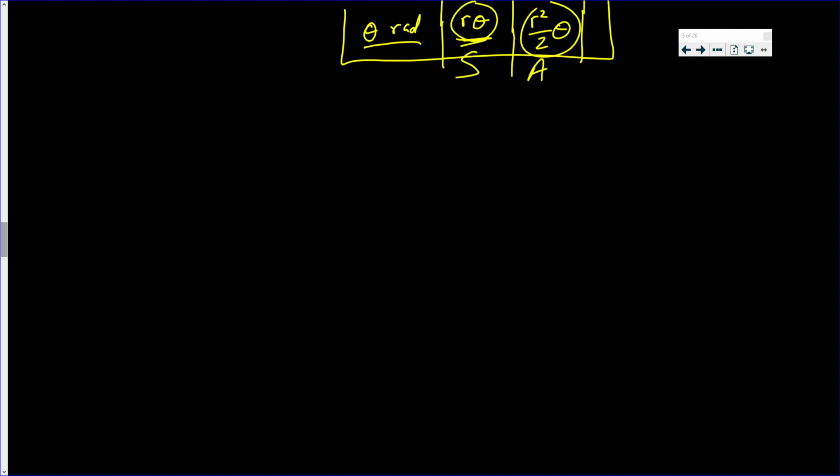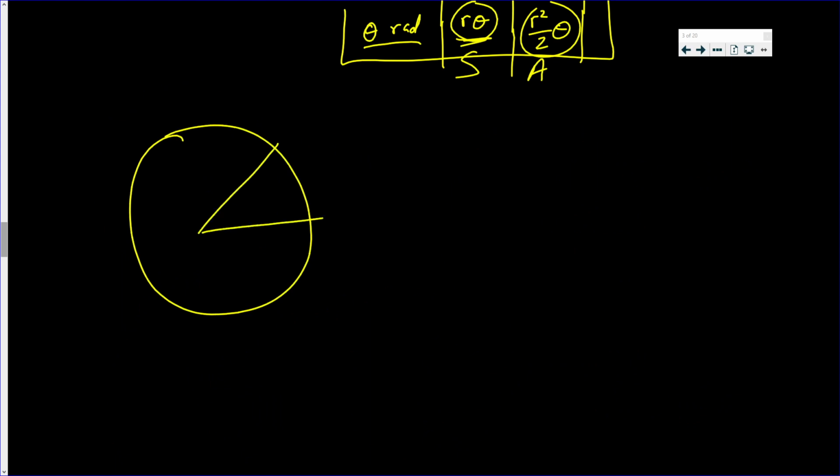Let us now try this problem. Suppose that you are told that that's 2. So since I don't say degrees, it must be radians. And that's 8 inches. Well, we know that S is r theta.